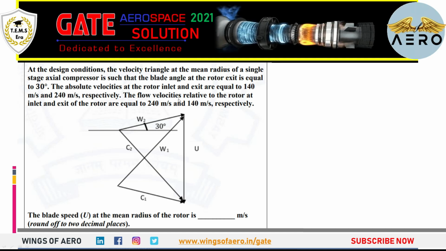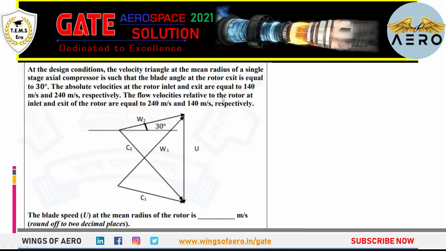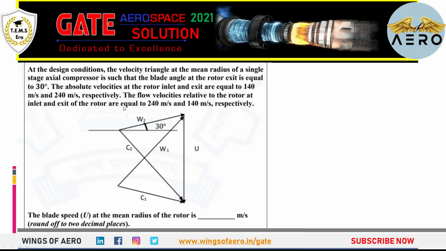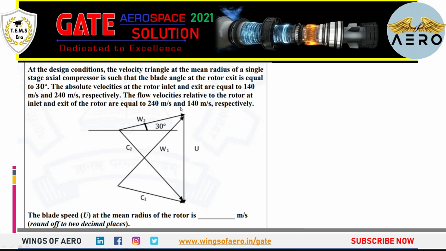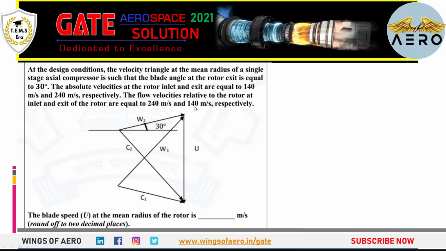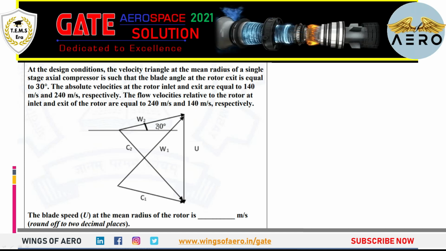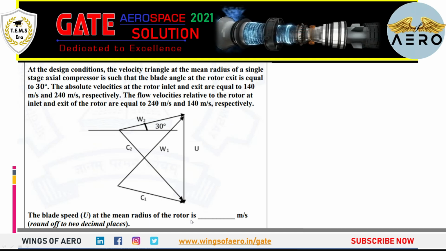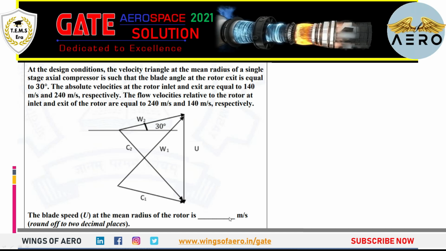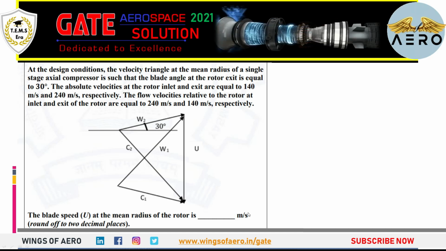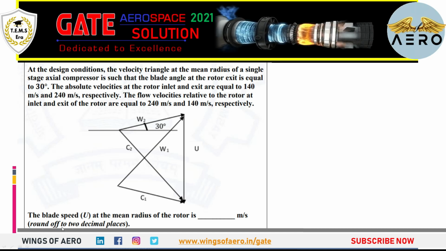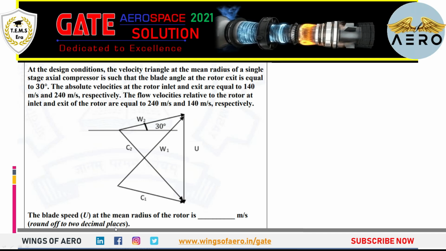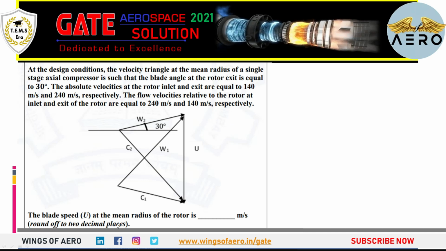The flow velocities relative to the rotor at the inlet and at the exit of the rotor are equal to 240 meter per second and 140 meter per second respectively. The blade speed U at the mean radius of the rotor is, we need to find out, in terms of meter per second, and carefully note down, they have asked to round off to 2 decimal places.